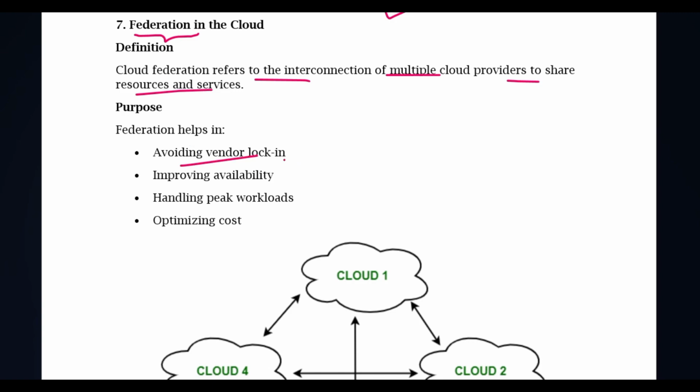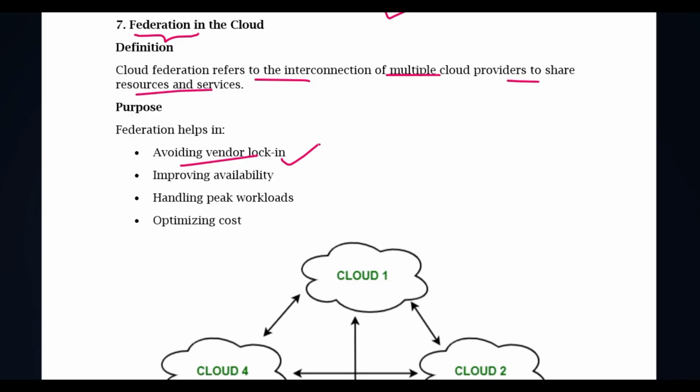Federation helps in avoiding vendor lock-in. Do you remember, we discussed in the previous units as well, that vendor lock-in means you are getting your services from one vendor. Like I am using AWS, so if I want to migrate my data to Microsoft Azure the next day, I cannot do that simply because there is a kind of vendor lock-in.